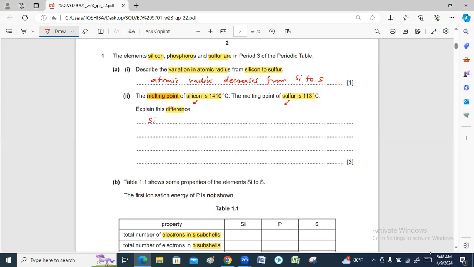So we can say that silicon is a giant covalent structure, and sulfur is a simple covalent structure.